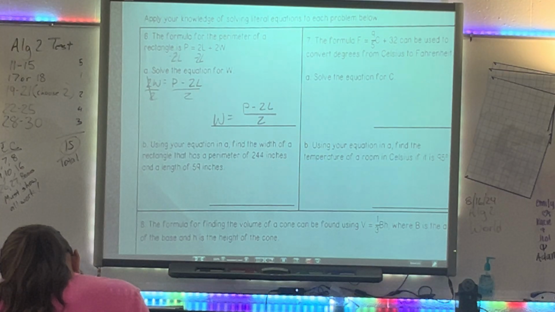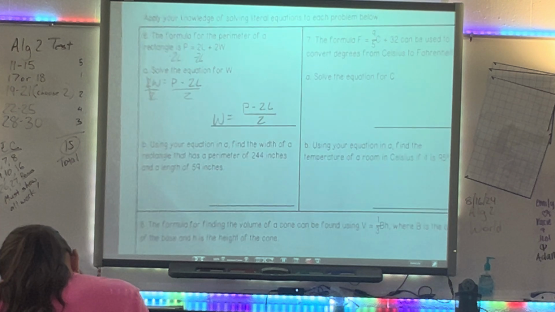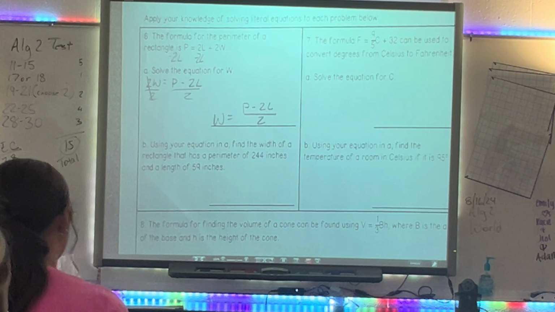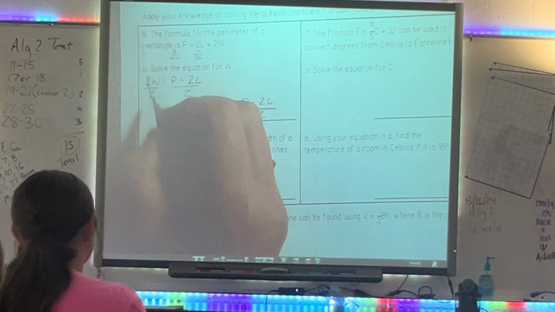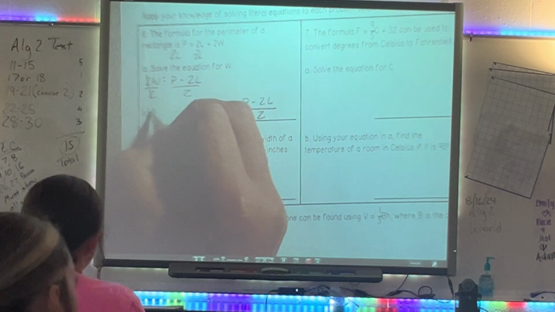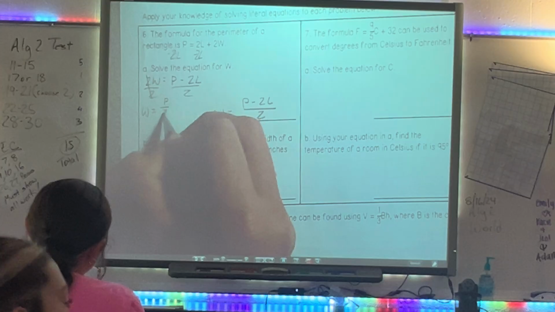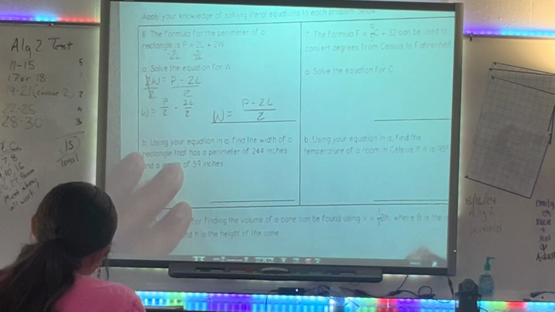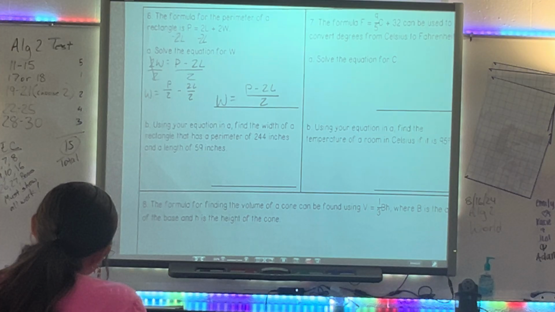Now, if I decided to separate this right side into 2 separate fractions, meaning I have W is equal to P over 2 minus 2L over 2, this means the same thing. We talked about that in the first part of this.